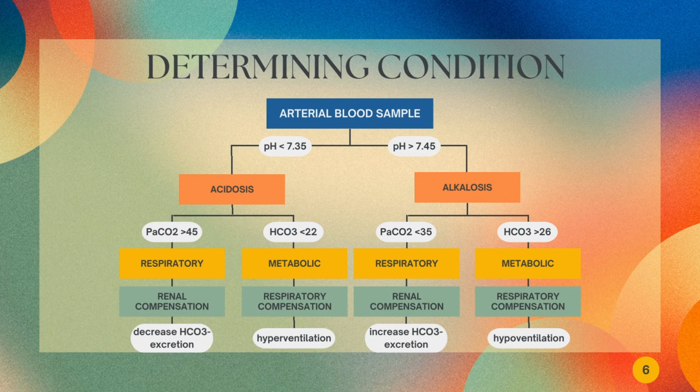All things that are respiratory in nature, so respiratory acidosis or respiratory alkalosis, are being caused by these breathing issues, hypo or hyperventilation, and then it will have renal compensation because the respiratory system is ineffective right now. The renal system will either decrease or increase the bicarbonate excretion.